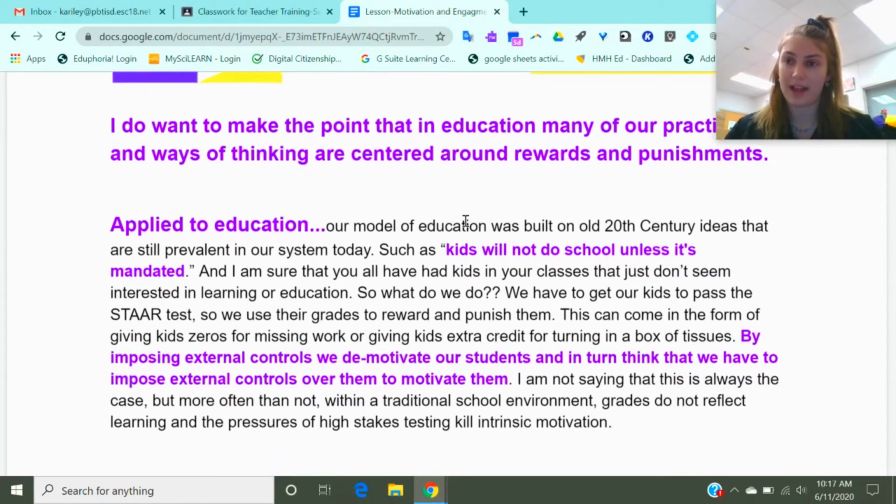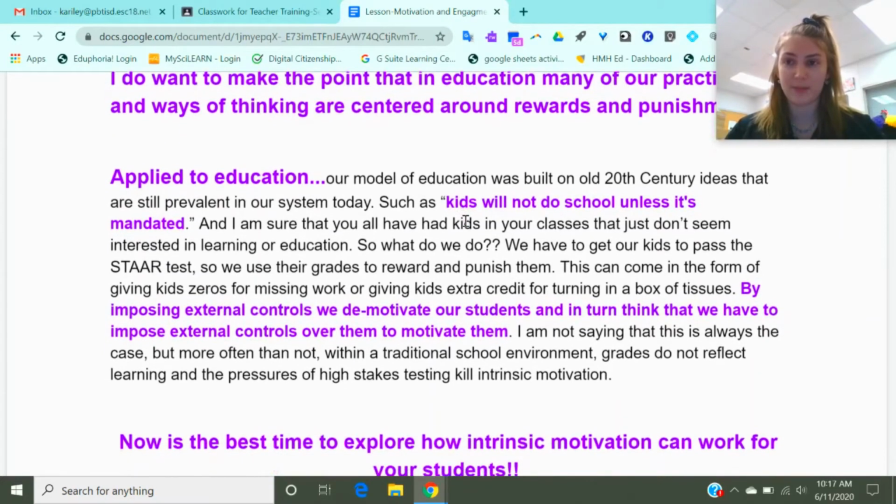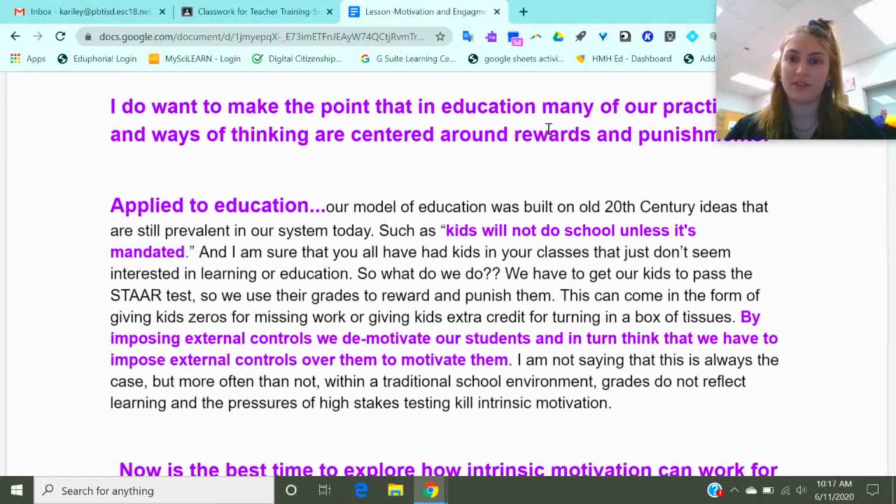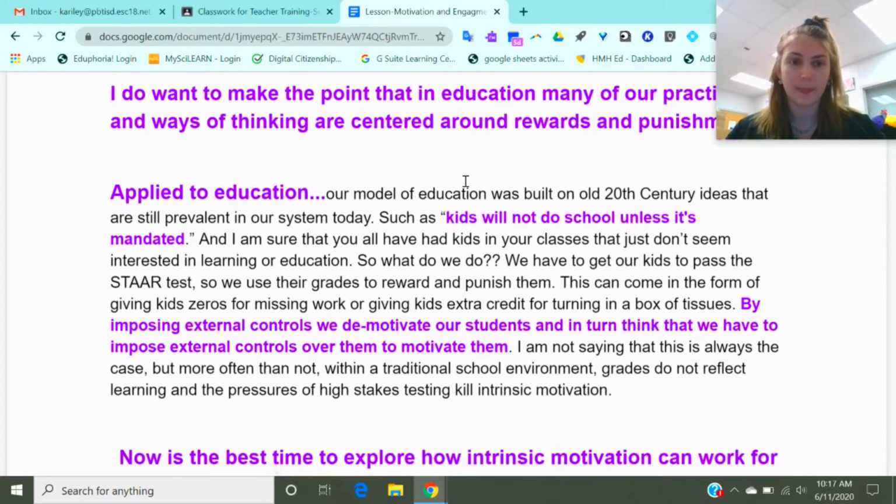And so that might be why it can be a little difficult to grasp at first, especially if you've never heard of it before or you are used to using rewards and punishments in your classroom.